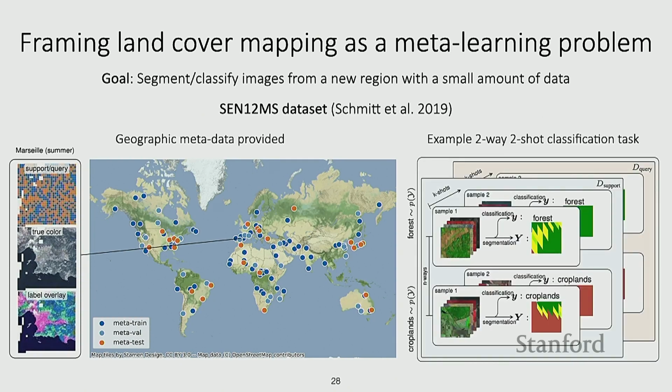And so, as an example of a two-way, two-shot classification problem, they have an illustration here where they are trying to classify, for example, forest versus croplands. And the samples correspond to these different regions of the world with labels. And so they'll have K regions that are labeled, and they'll provide that to the algorithm. And then they want to be able to predict the land cover for other parts of that particular region of the world.